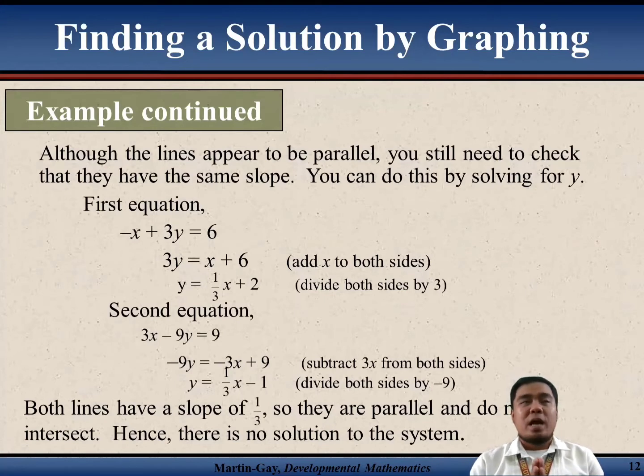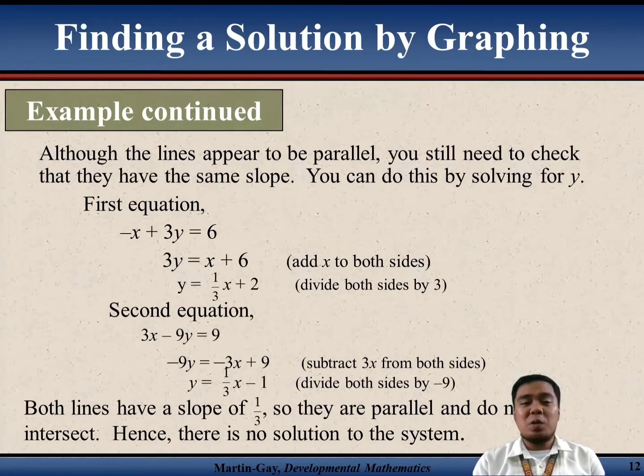As we change the equations into slope-intercept form, we get y is equal to 1/3 x plus 2, and the other is y is equal to 1/3 x minus 1. We notice that the slope is equal to 1/3, so the slopes of the two equations are the same.